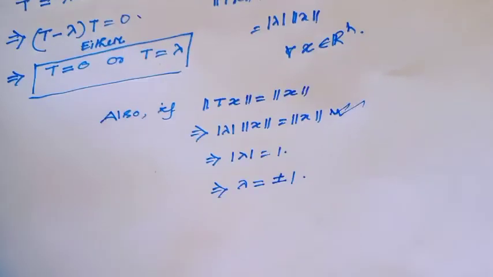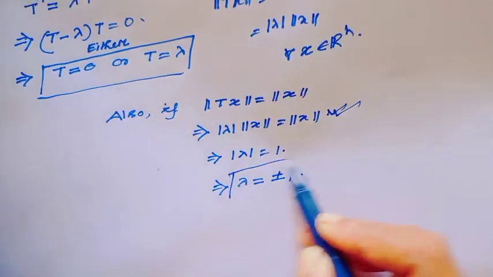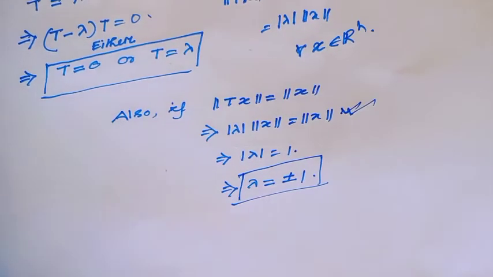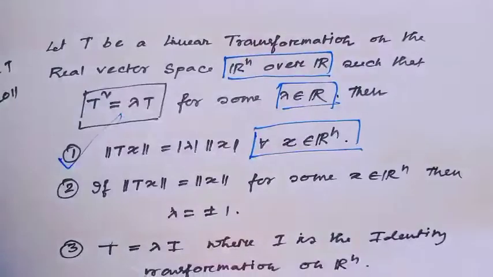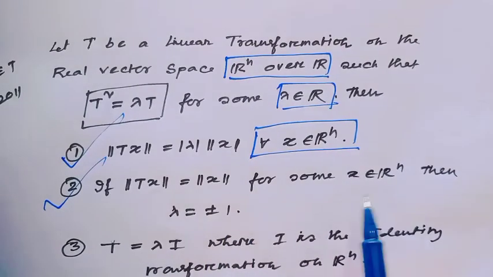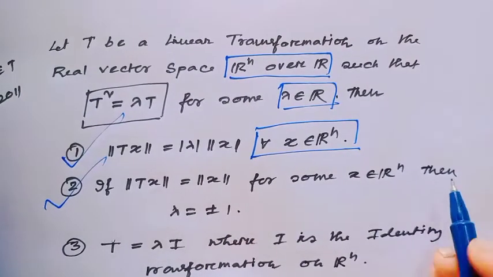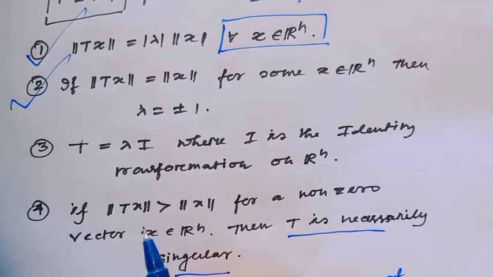And absolute value of lambda equal to 1 means lambda equal to plus minus 1. Therefore, obviously option 2 is also a right option. Okay, let's see option 4.